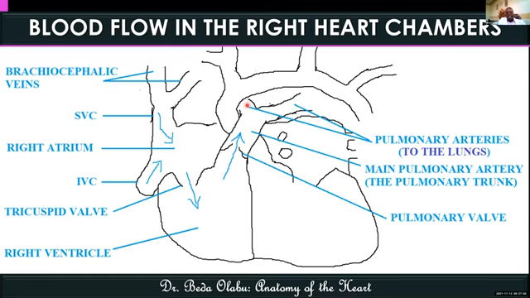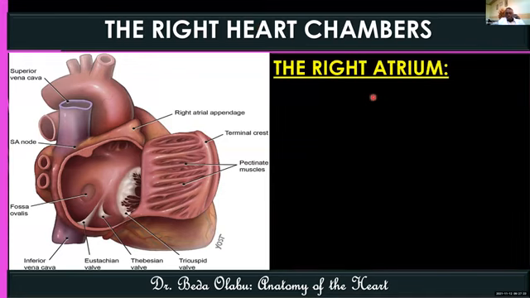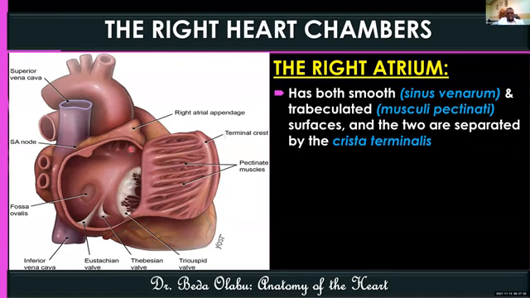Having talked about how blood flows through the right heart, we can now talk about the right heart chambers. And we can start with the right atrium. So the inside of the right atrium has two surfaces, a smooth one like that, and a rough one like this.